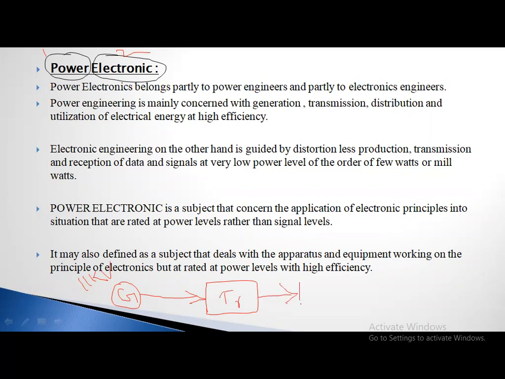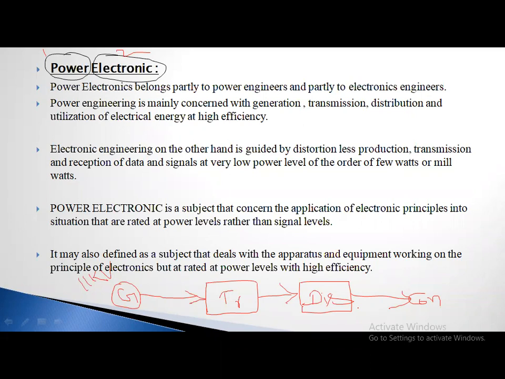Next, distribution. Next, consumers. This is the layout. So in this way, we can transfer the power from the generating station to consumers.